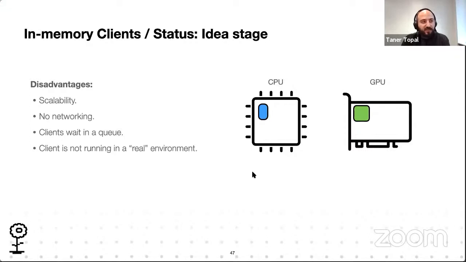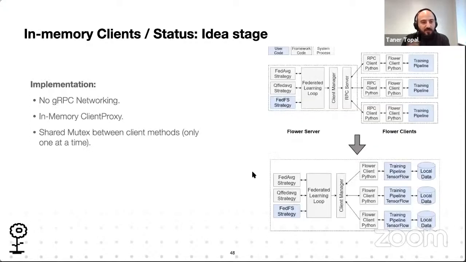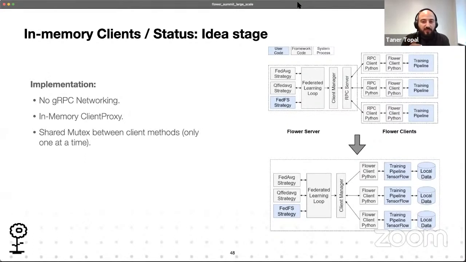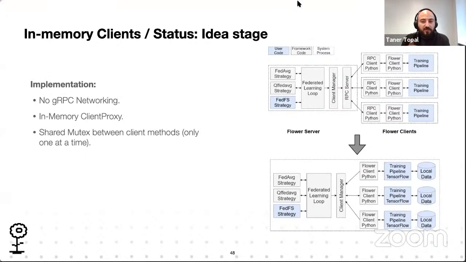With regard to the implementation, on the next slide, in the current way we have in Flower, we have the federated learning loop and something we call the client manager, which Javier also just presented as a remote client manager when combined with the virtual client manager.